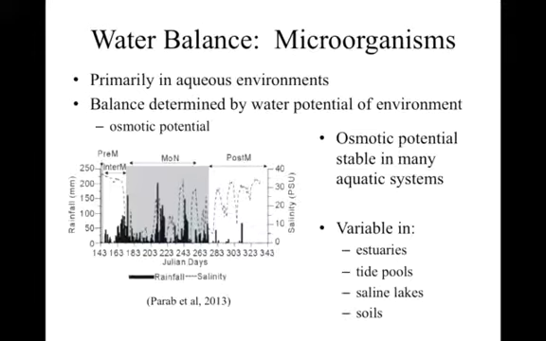Soils are another place where we can have changes in the osmotic potential. And that figure on the left actually shows the salinity of soil as a function of rainfall. And what you'll notice is that when we have periods of high rainfall, the salinity drops because we're adding all this fresh water to the system.